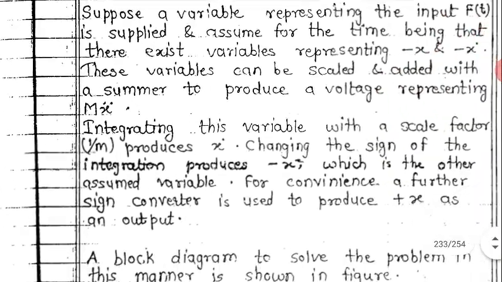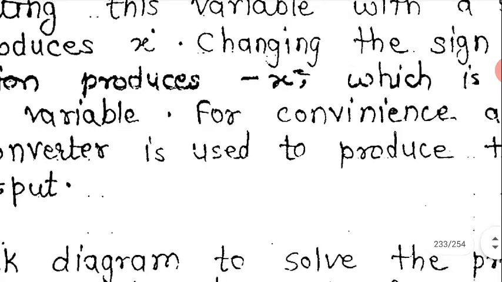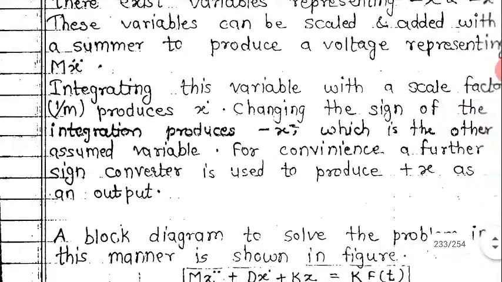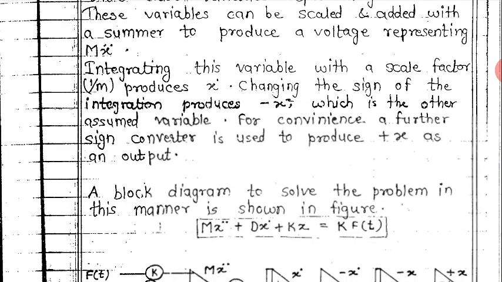So changing the sign of the integration produces minus x dot, which we can see as another assumed variable for convenience and further sign conversions. It will be reduced to plus or positive x as an output.